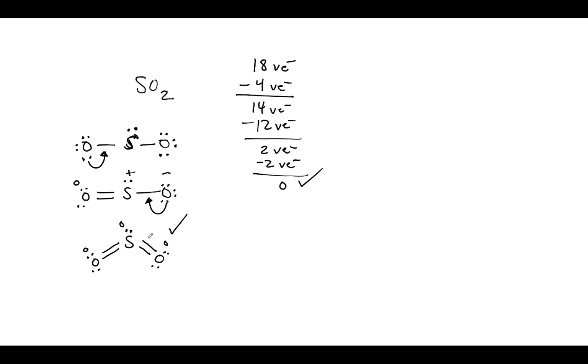So if we're basing it purely off of this optimized Lewis structure, then we would say that the bond order, or in a sense the average bond type of S and O, is a double bond. Okay, so the answer here would also be C, 2.